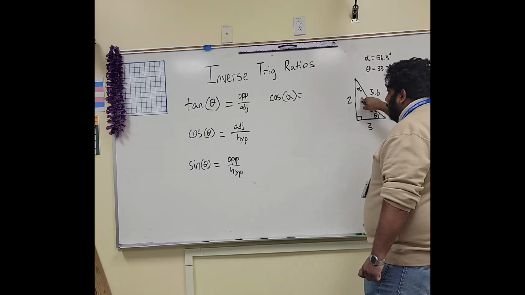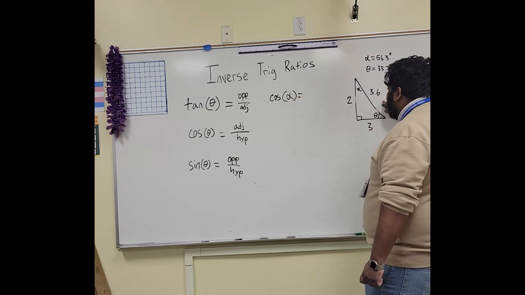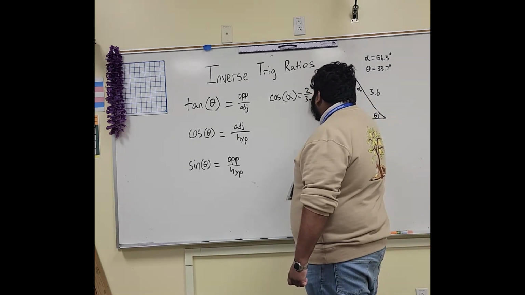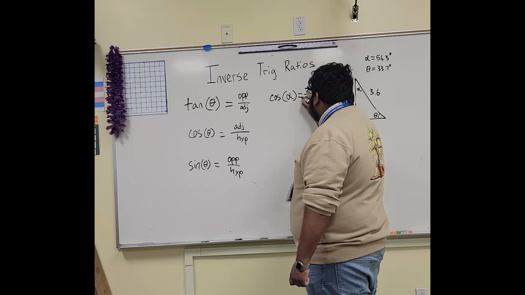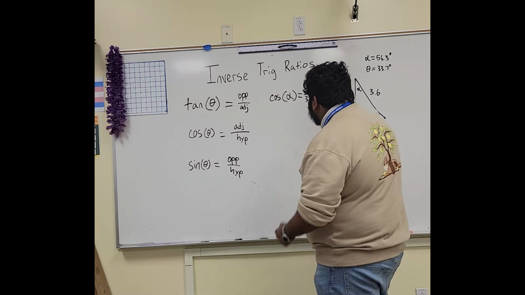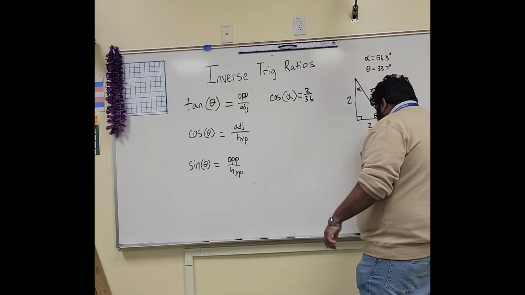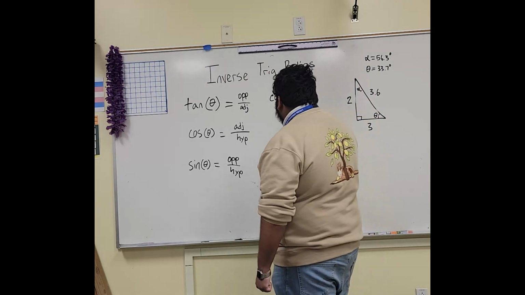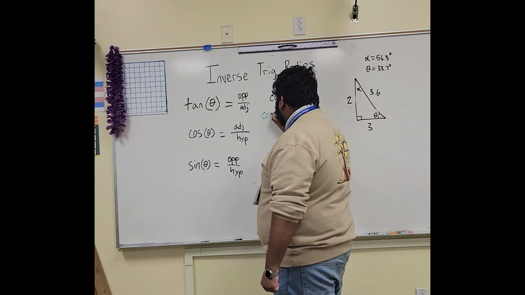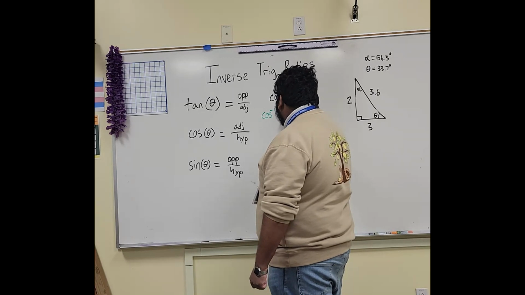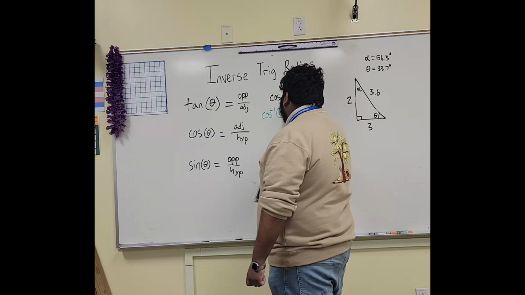Cosine refers to the adjacent side over the hypotenuse, so it's going to be 2 over 3.6. Now that we have the equation set up, we're going to use our inverse function. So inverse cosine is going to be applied to that. Let's make everything green.